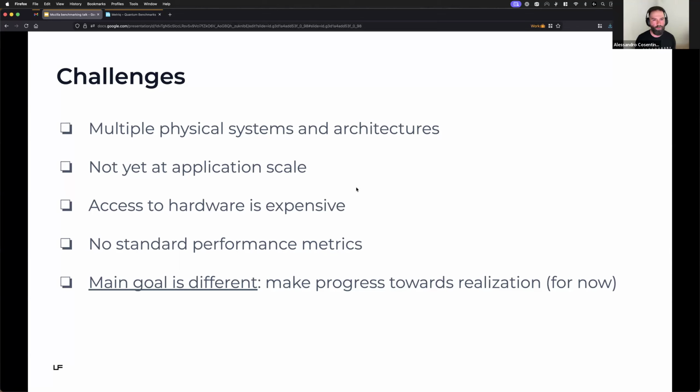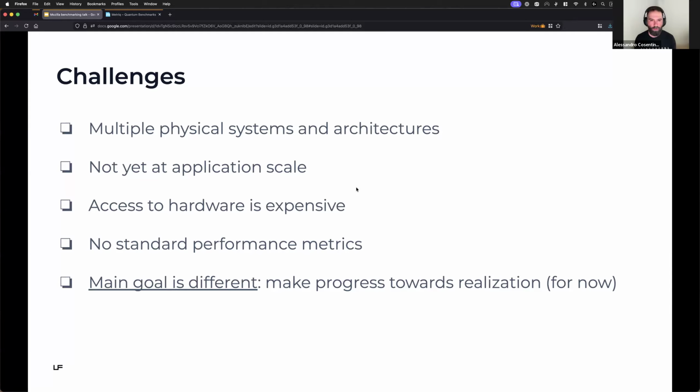So as I mentioned before, this is a small recap. We have multiple physical systems on which you can realize the qubits. And what I didn't mention before is that even when you want to connect multiple qubits to each other, because obviously you want them to communicate if you have a non-trivial algorithm, you can lay them out in different architectures and different connectivity patterns, and different research groups and players are trying different things.